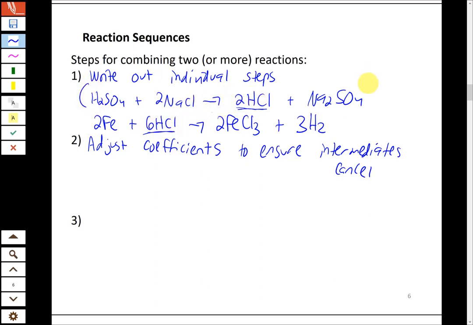So we're going to have to triple this whole thing here. And because it's a balanced equation, whatever we do to HCl, we have to do to all of the reactants and products. We can't just haphazardly put a 6 in front of that and be done, because that's going to unbalance this whole equation. So we have to multiply everything by 3 to keep it balanced. So we're going to adjust those coefficients for this first step here. Now everything's going to be multiplied by 3.